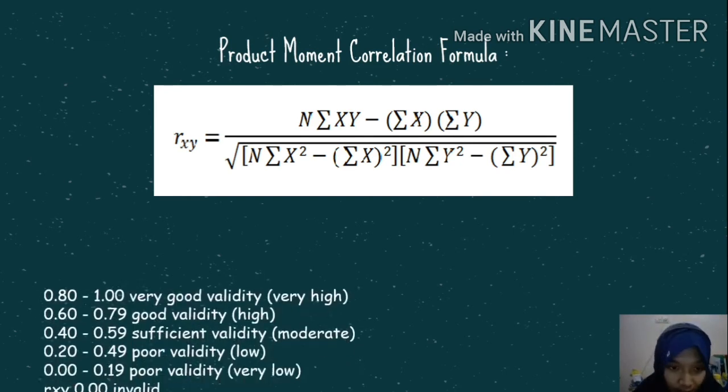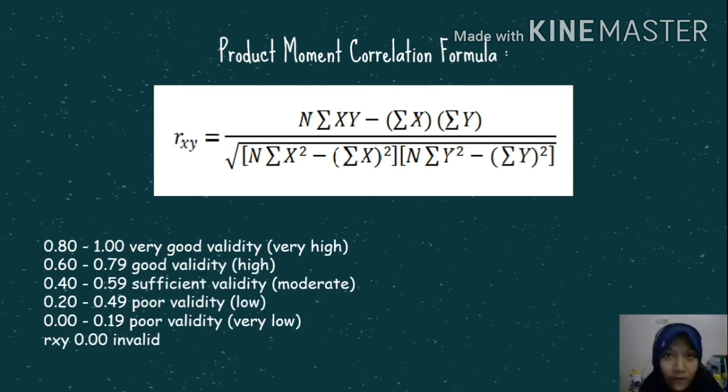And the result: if r_xy is between 0.8 and 1, the validity is very good, or very high. And the next, 0.6 to under 0.79 is a good validity, or high.